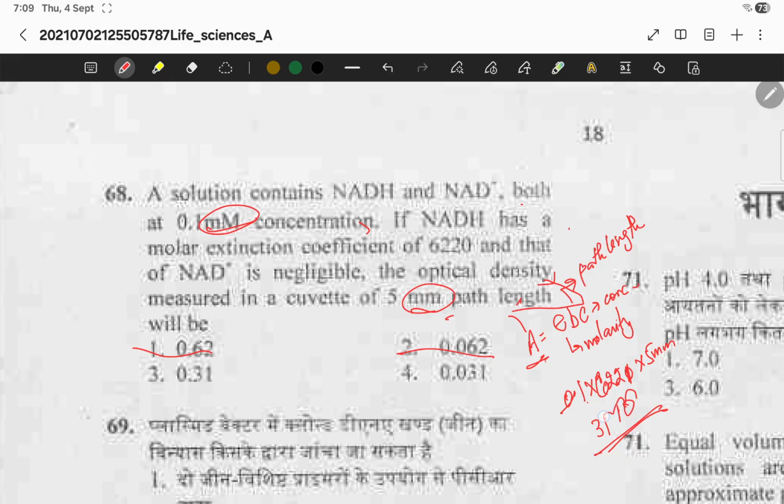I don't know which one it is. So it would be something like 3.1, but there's no 3.1 here.